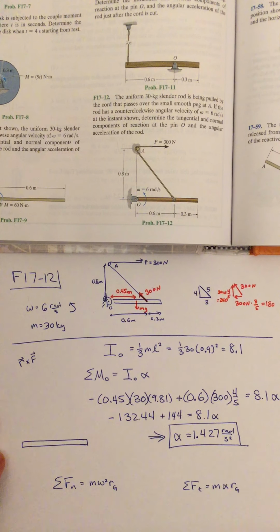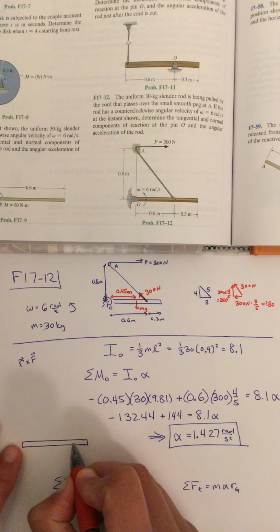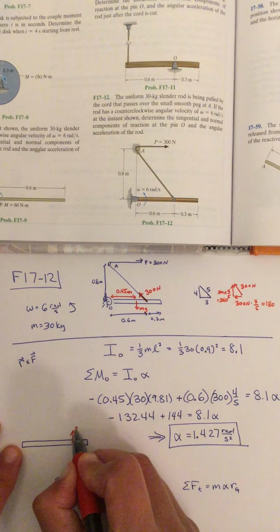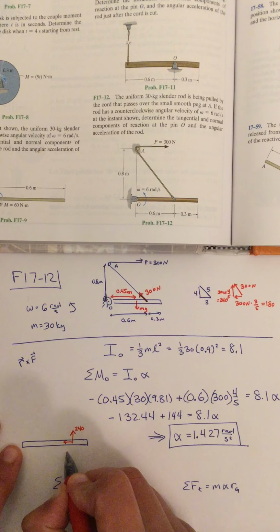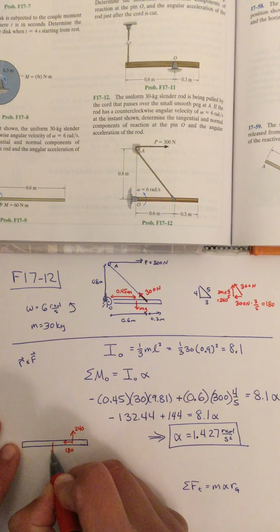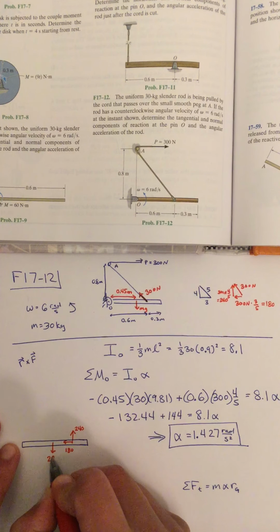So I have those components which I can put on my free body diagram here. So I have a component going upward, that's 240, a component going to the left, that's 180. I have the force of gravity going downward, that's 30 times 9.81, which is 294.3.